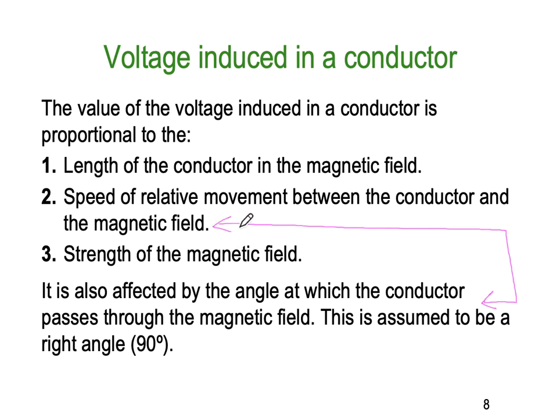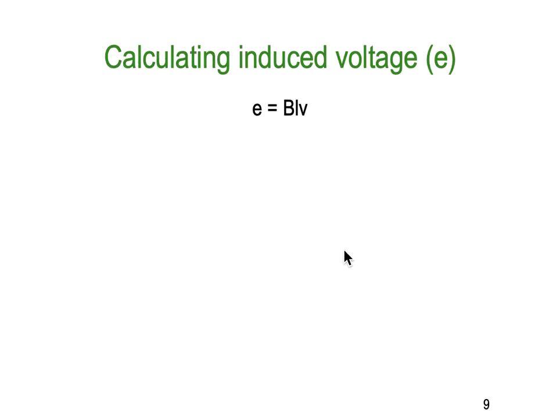As the angle gets shallower and shallower, the relative speed reduces. As the angle gets closer and closer to 90 degrees, the relative speed increases. Therefore, the induced voltage will change. So speed and angle are directly related.